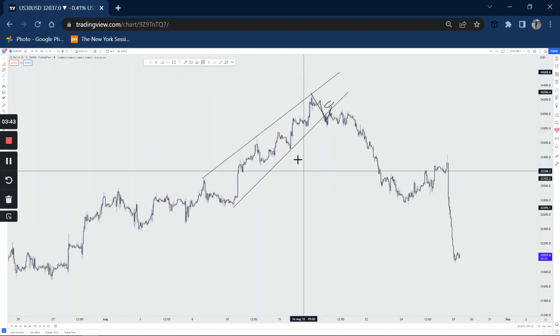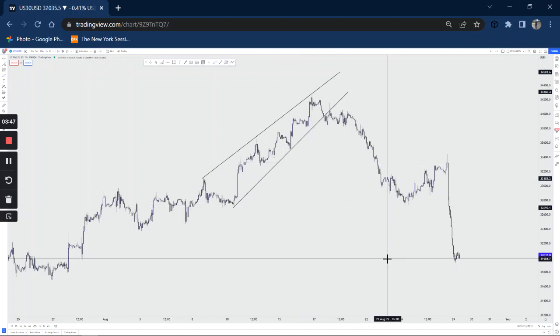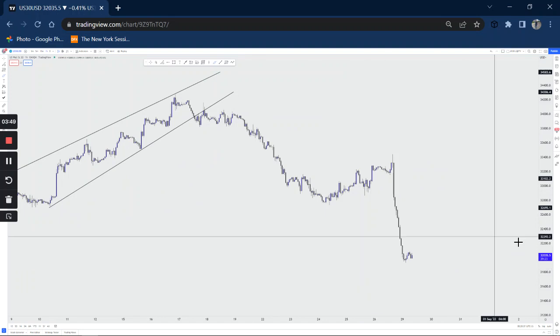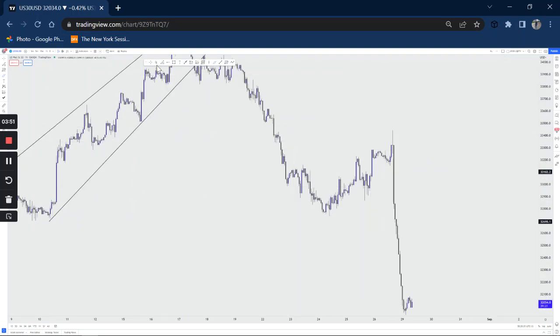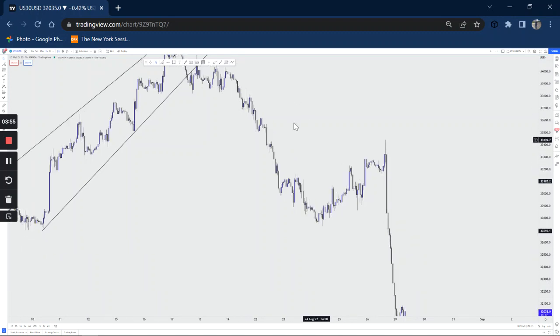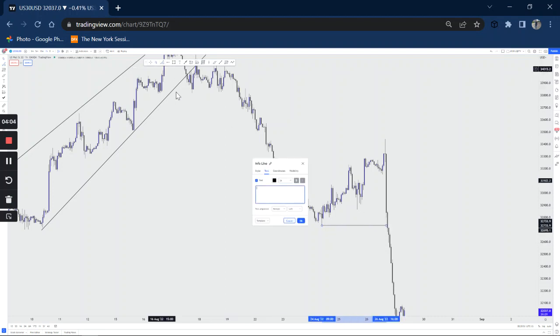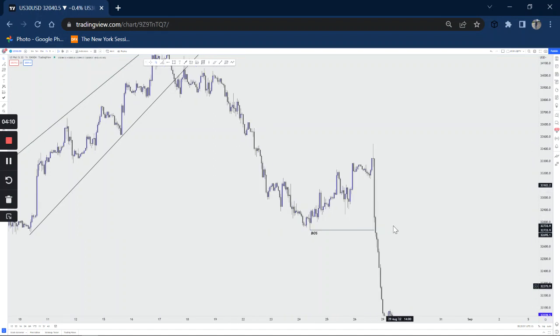Going forward, as you can see, I've highlighted this: we are in a bearish order flow, pushed all the way to the downside. One thing you can notice now is price breaking below these areas, so we have a break of structure to the downside.